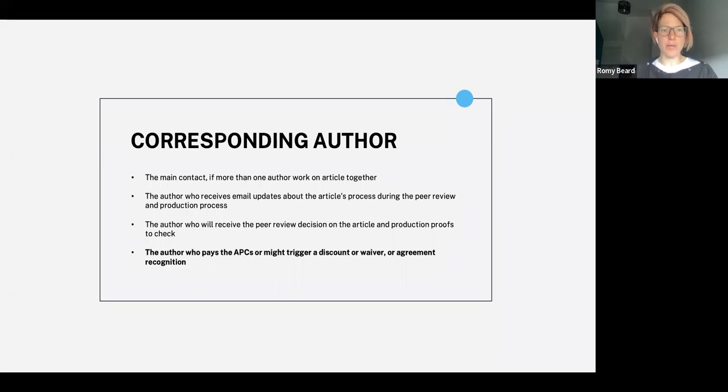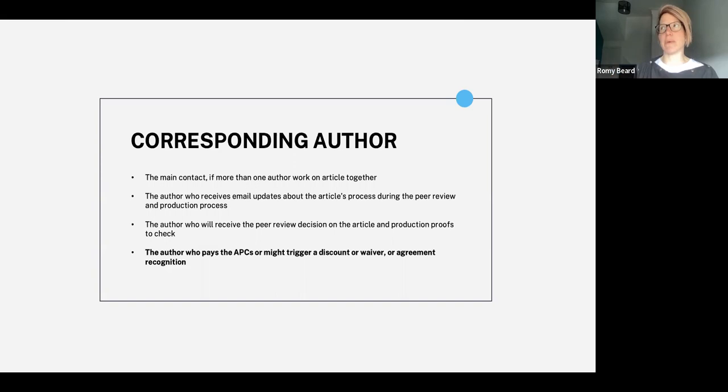The other thing that's really important, and we talked about the definition of corresponding authors, is that a lot of these agreements are based around the corresponding author role. This is generally the main contact, the person that receives the email updates about the article's progress and the peer review decision, and it's also the author that would pay the APC or that would trigger the non-payment of an APC because they might be eligible for a read and publish agreement, for example.